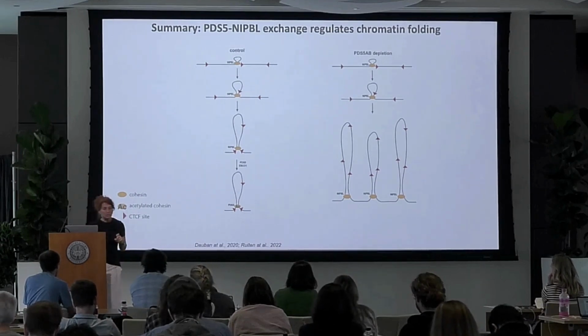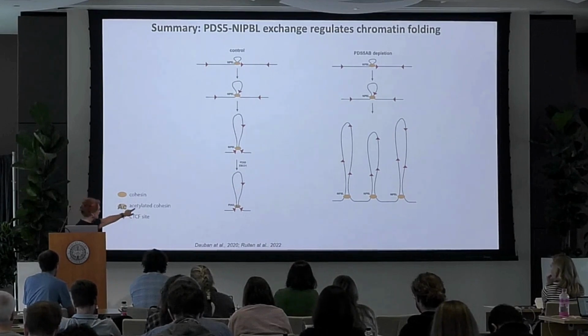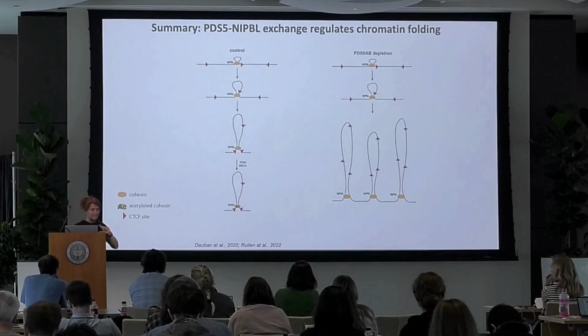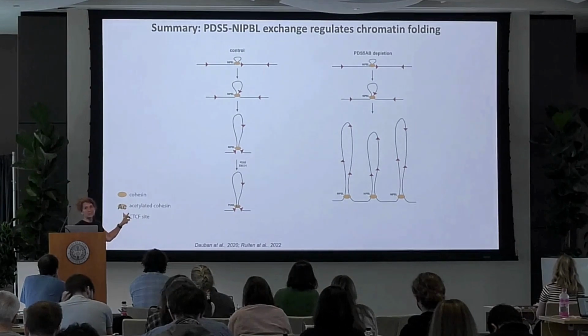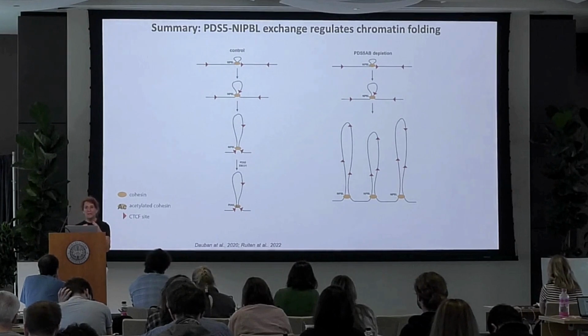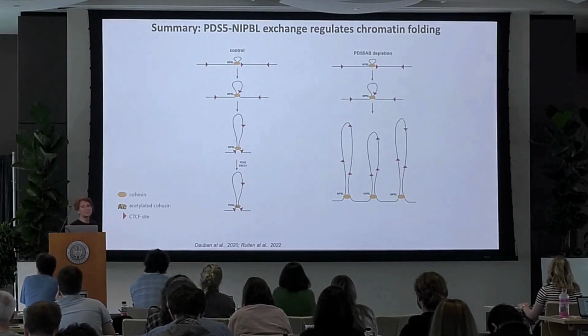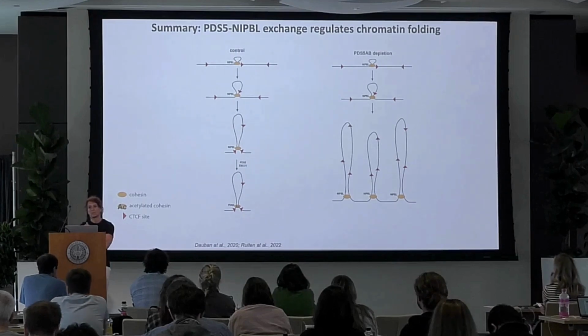What is also interesting is that acetylation and PDS5 might stabilize cohesin, and this is dependent on CTCF. If we don't have CTCF, we won't see acetylated cohesin. So all these three things come together somehow magically. We don't know how that works. That's the only thing I can tell you.